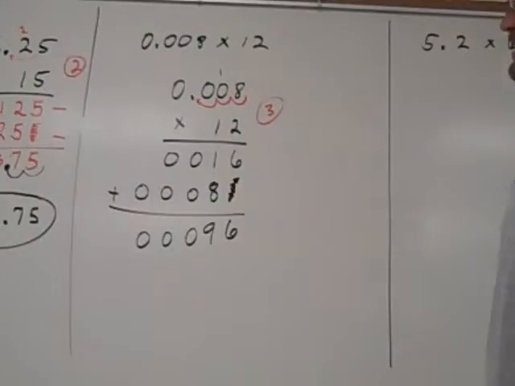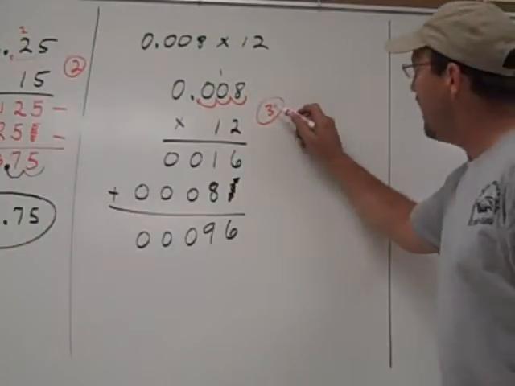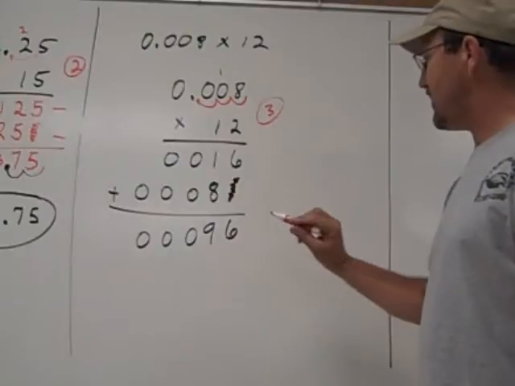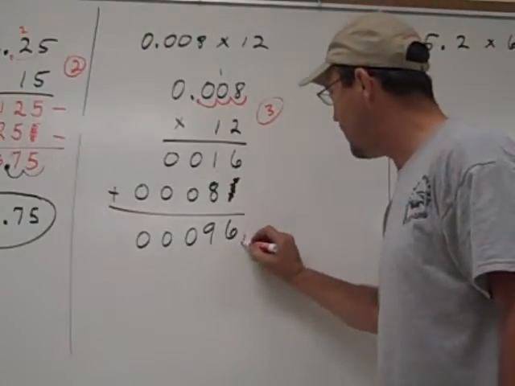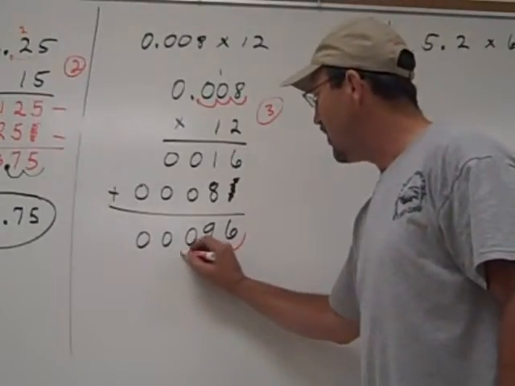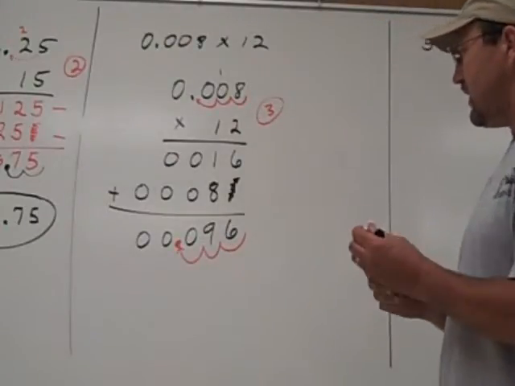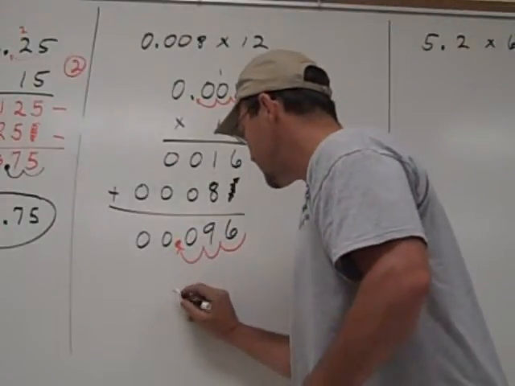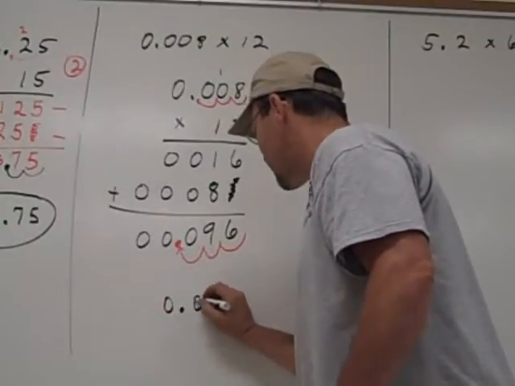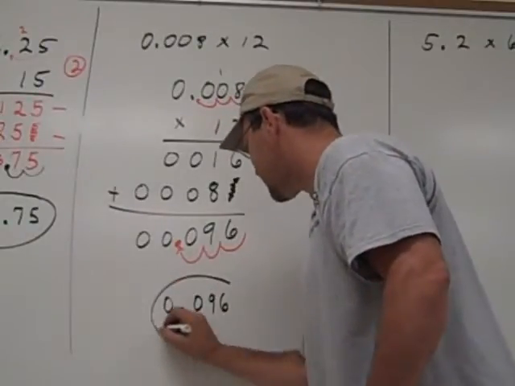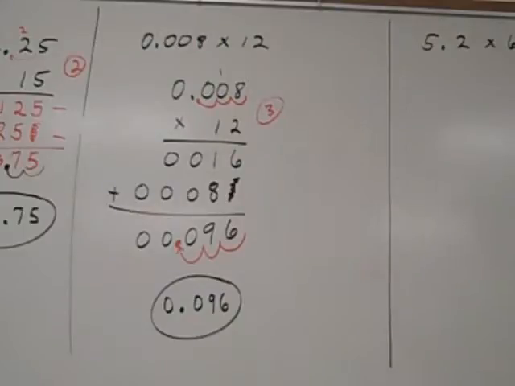So step 3 says move over that many place values in your answer. So from here, 1, 2, 3. So our answer is 0.096. 96 thousandths. All right, let's look at another example.